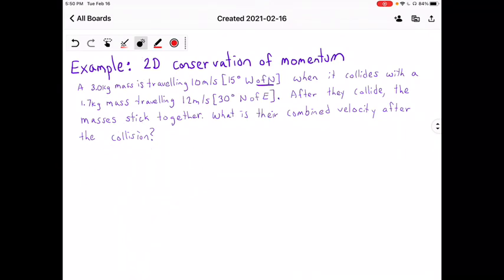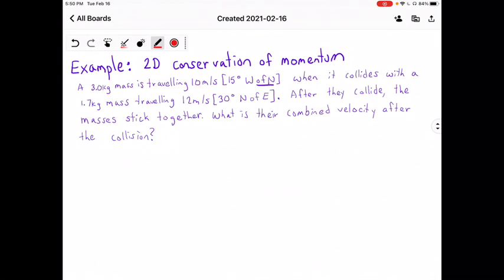So in this problem, we have two objects colliding and combining together. So it's still a hit and stick collision, just like the last example. It's just now we're working in two dimensions. For example, we have a 3 kilogram mass traveling at 10 meters per second, 15 degrees west of north.